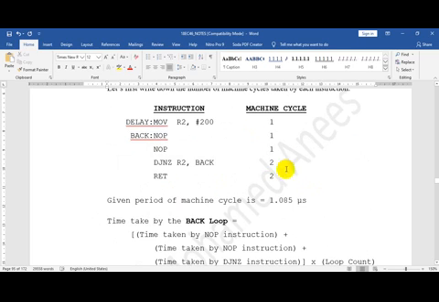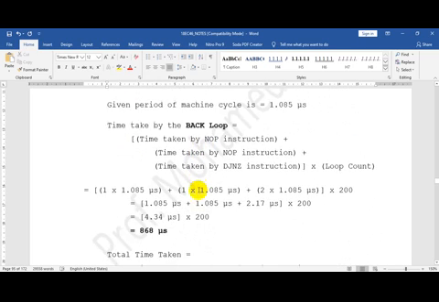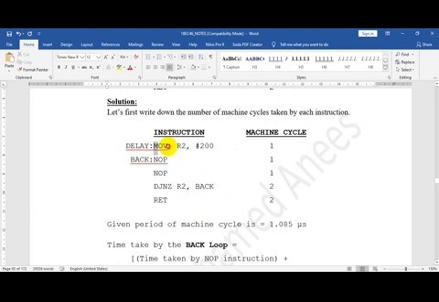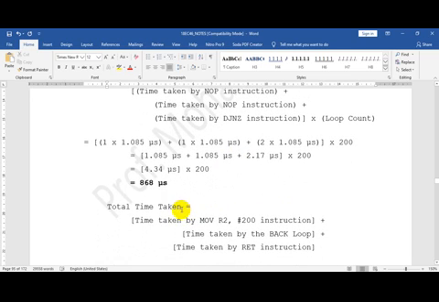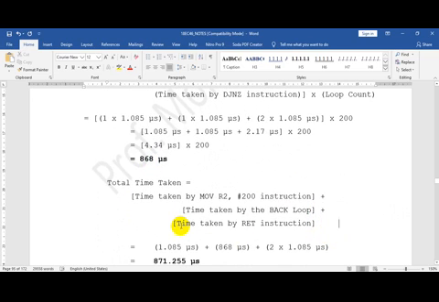Now what is the total time? Total time will be equal to the time taken by the MOV instruction plus the time taken by the back loop plus the time taken by the return instruction.